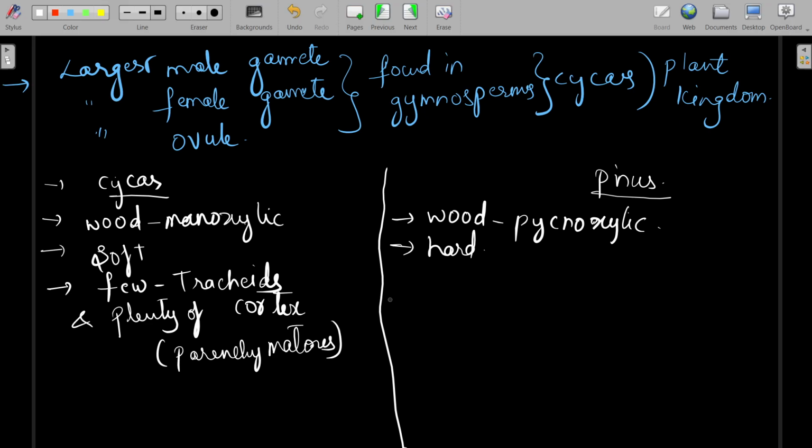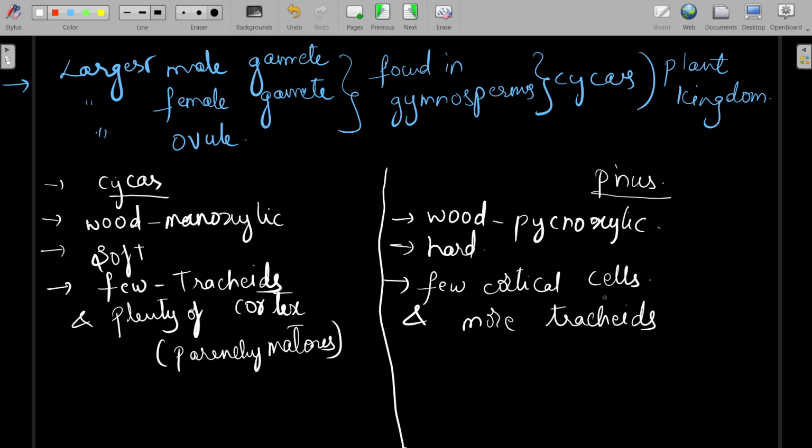In pinus, you can find only a few cortical cells and more tracheids. In cycas, starch is stored in the cortex, and in pinus there is no reserve material.